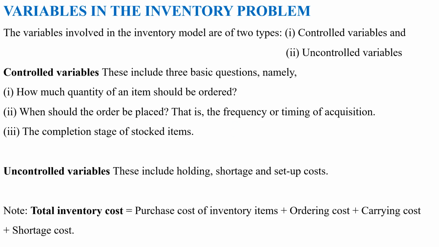So next, variables in the inventory problem. Here there are two types of variables: the controlled variables and the uncontrolled variables. Controlled variables are those whose control parameters are in our hand. For example, how much quantity of an item should be ordered. Order quantity we can control; we can increase or decrease it. Second, when the order should be placed, that is the frequency or timing of acquisition.